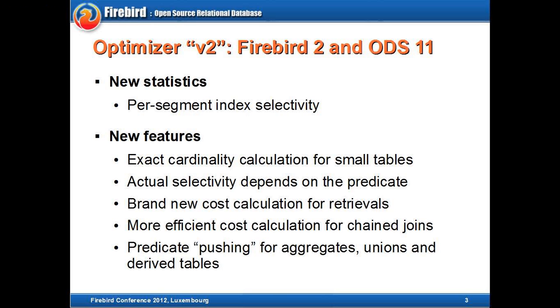So instead of just estimating the number of rows, we now detect that the table is small. By small, I mean that it consists of just one data page, and we just count all the records on that page. It requires just a single page fetch, so it's extremely cheap.